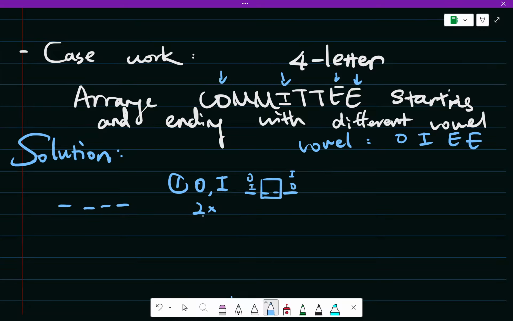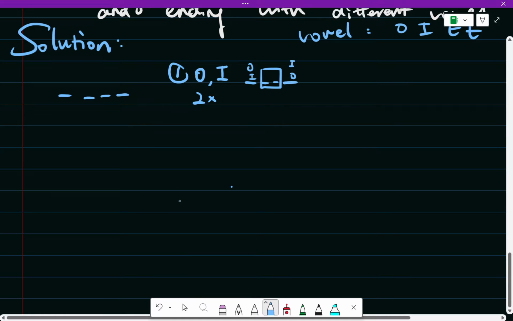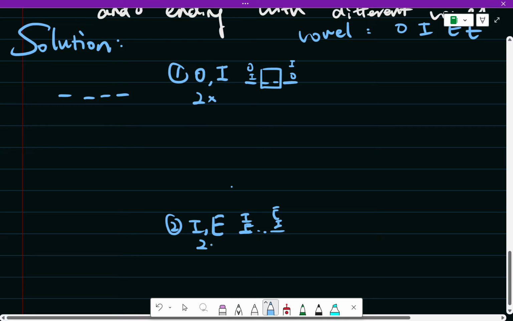The second case is where I can use I and E as the first position and last position. And again, I can do IE or EI. So 2 possibilities.